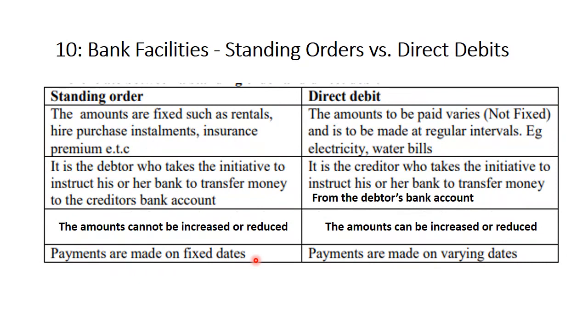So if you are going to be paying on the 28th of every month, then you have to be paying on the 28th of every month. In direct debit, on the other hand, payments are made on varying dates. As much as they are regular payments, meaning that you make the payments at a regular interval, maybe every month, the actual date can vary. So those are the differences between standing order and direct debit.